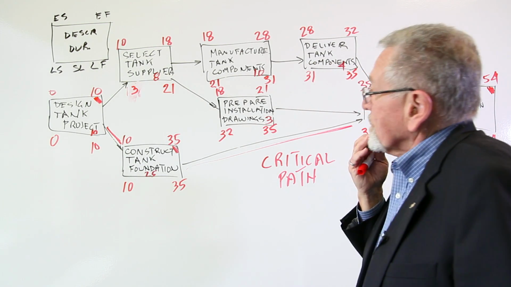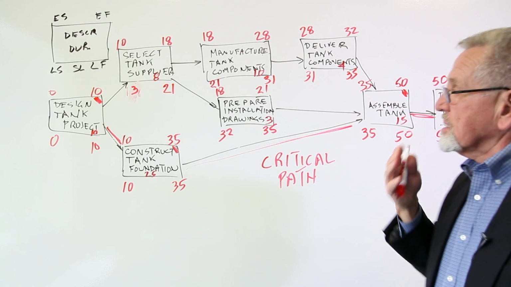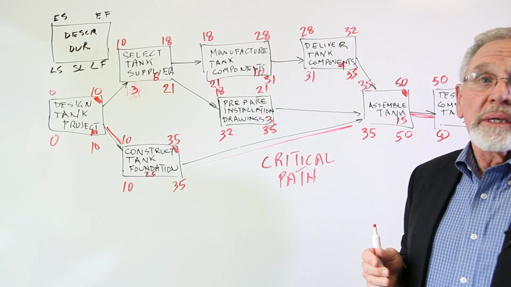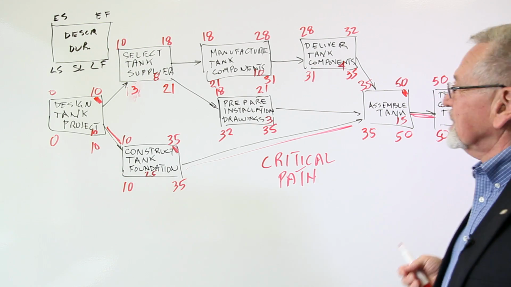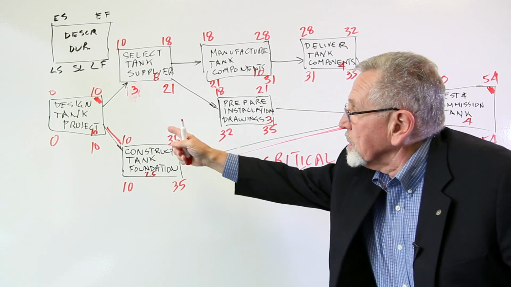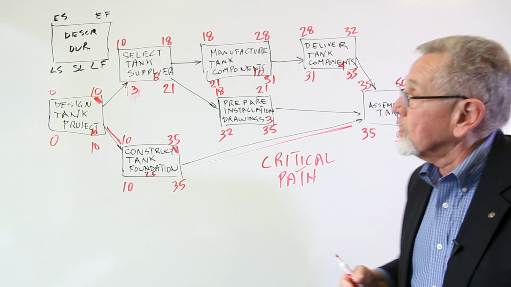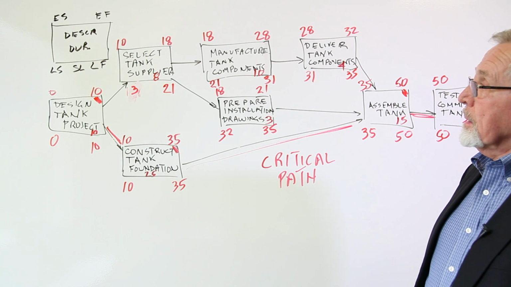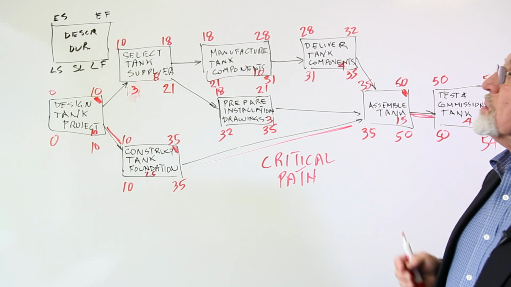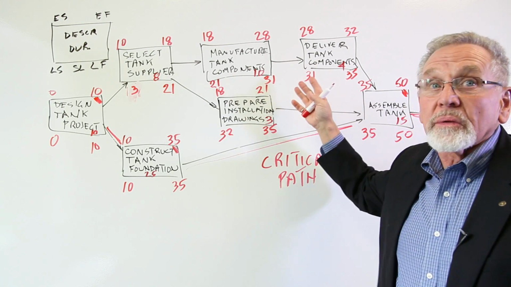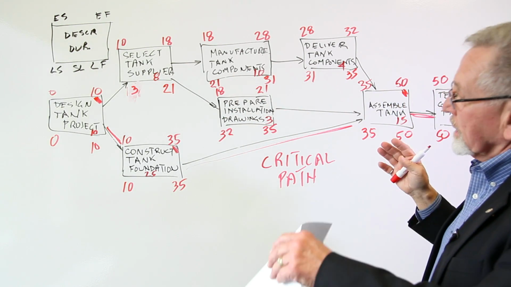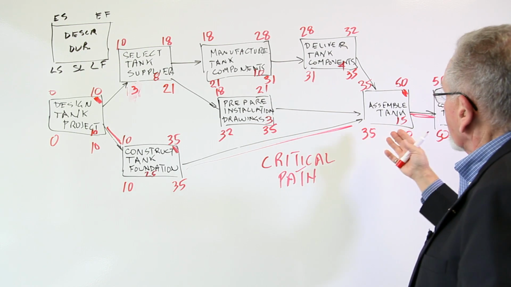And the other part of that is that if we want to take some time out of this project, suppose the word is we got to finish in 50 days. Well, it's to this critical path that we look to take time out. It can be a little trickier than that because you might squeeze the critical path so much that some other path becomes critical. But at least initially, we would look to the critical path to take time out.